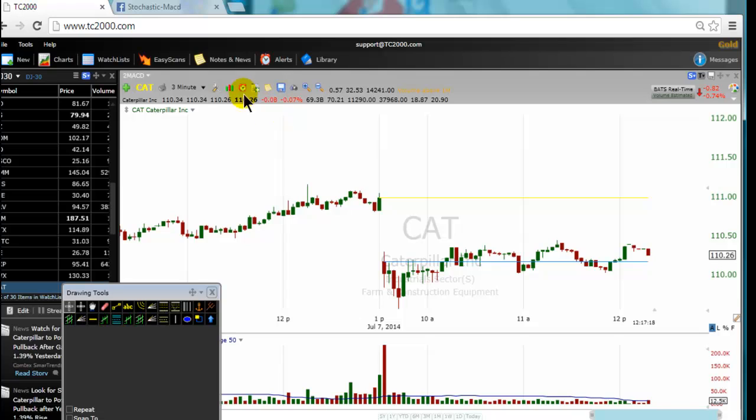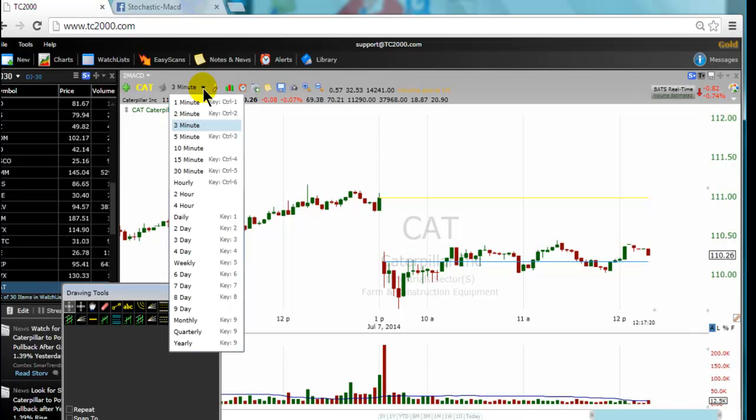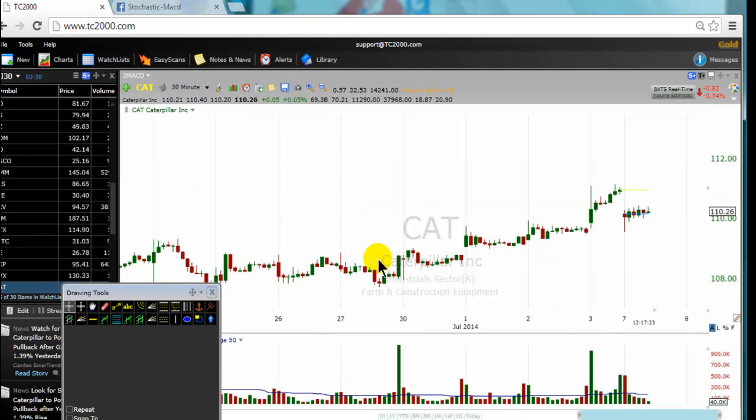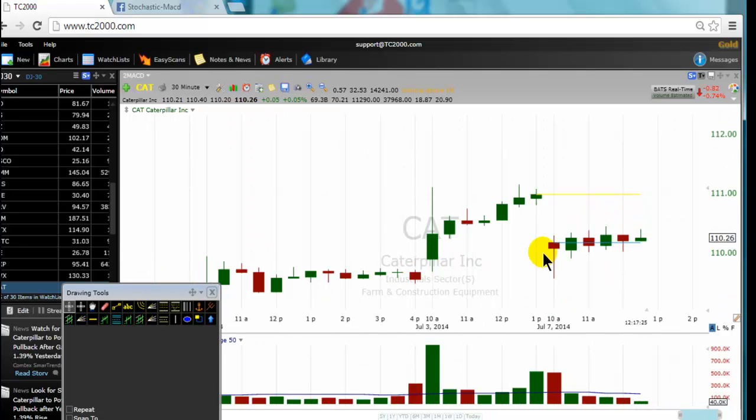Going back again to the 30-minute chart, you will see the candle that we were talking about. We have this hammer followed by this bullish candle. We were expecting this one to be bullish, only to be bearish. So it's a quiet market, followed by another bullish, another bearish, and so on.